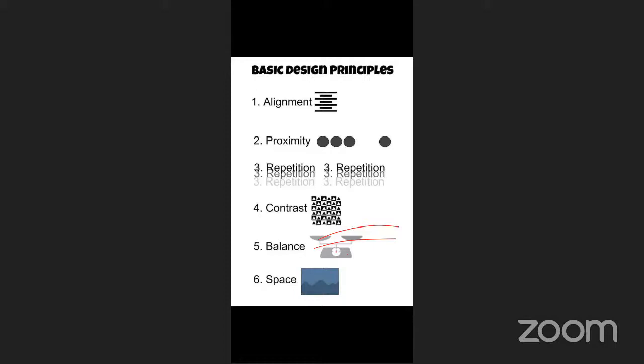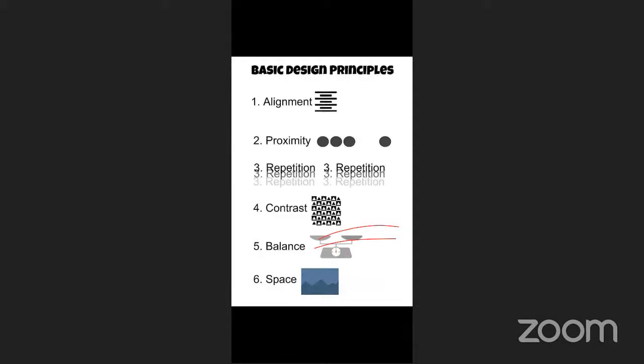In repetition, things can repeat either once or twice or more than twice. So in design, you need to repeat the things, you need to repeat the motifs, you need to repeat the structures. Repetition was all about that.